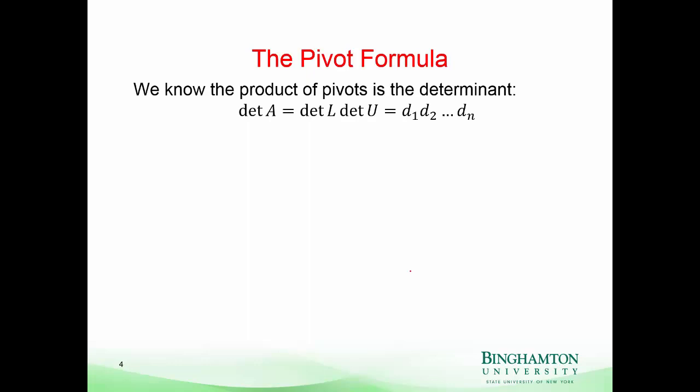So this is based upon the idea that the determinant of A, if A can be written as L times U, the determinant of a product ends up being the product of their 2 individual determinants. And in this case, since A is equal to L times U, it's just the product of the pivots. So the D's here are the pivots. They would be the diagonal elements in the U matrix. So that's when A can be written explicitly as L times U.